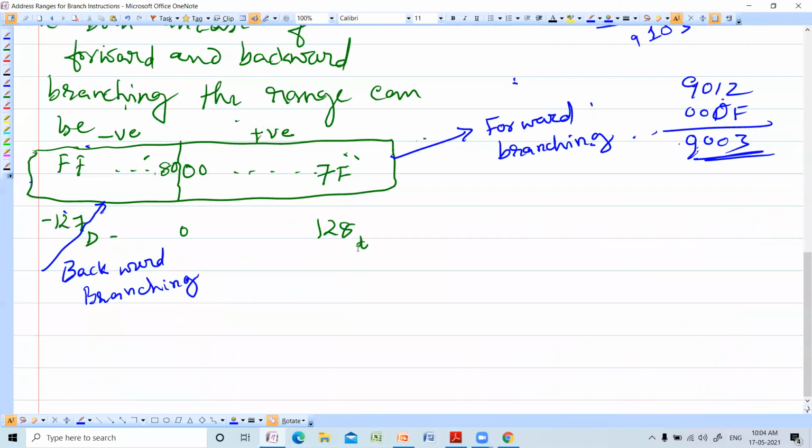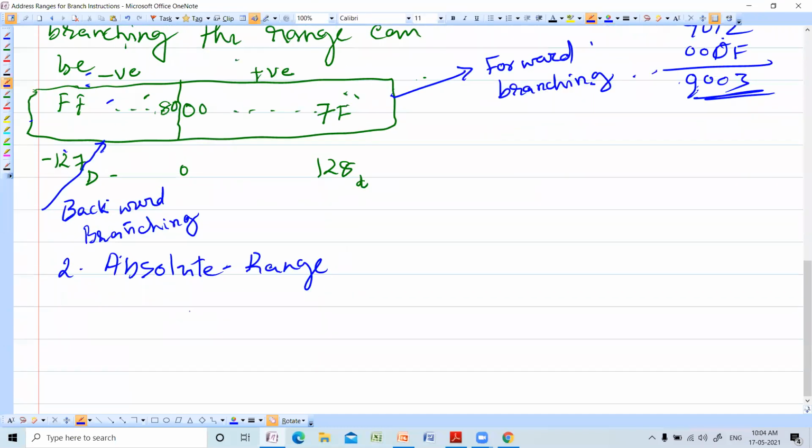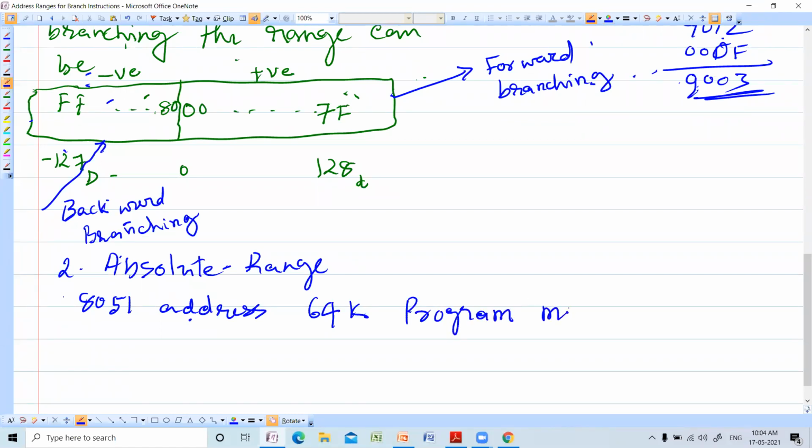Let us take the second one, absolute range. So what is the absolute range? Here first you have to understand that 8051 addresses 64K program memory.